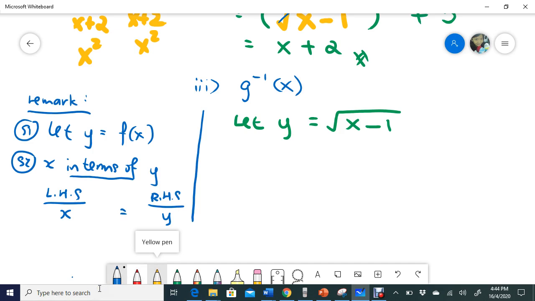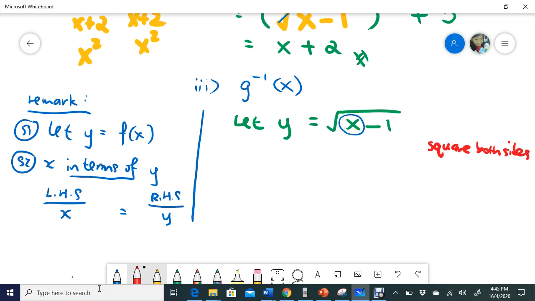So you need to simplify to get the x back. So how to simplify then? Obviously, you may need to square both sides. Square both sides.